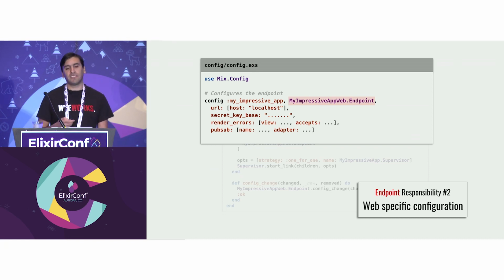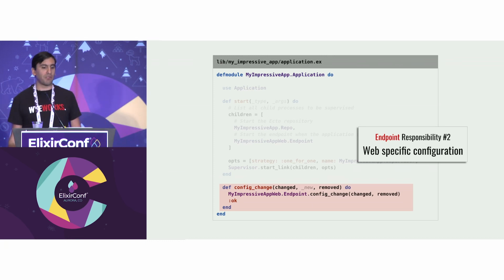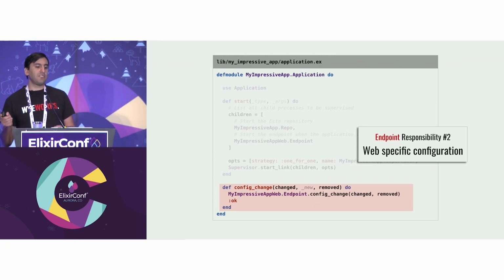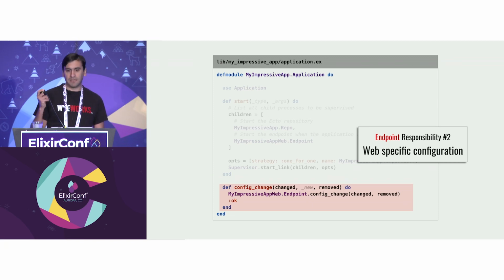For this reason, it needs a mechanism to update this configuration in case you update the configuration and do hot upgrades, which is the ability of an OTP application to update your code without restarting the node. In this case, it's making use of the optional config change callback from the application behavior in order to make that work. But it's code that you have in your repository.